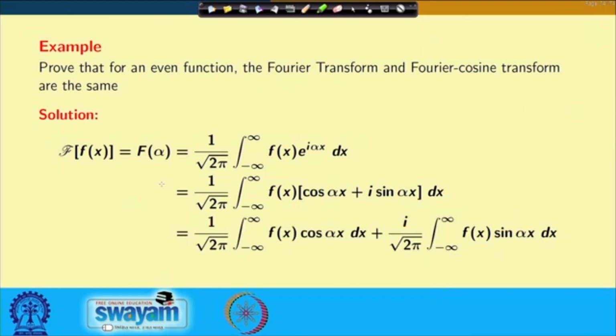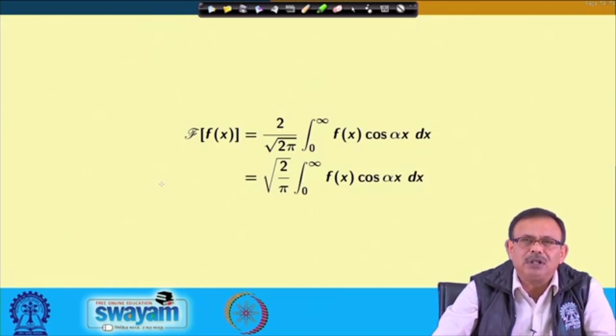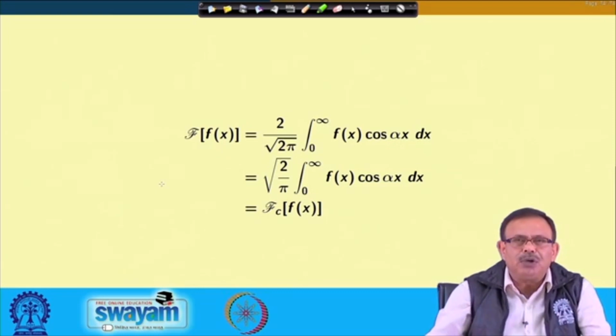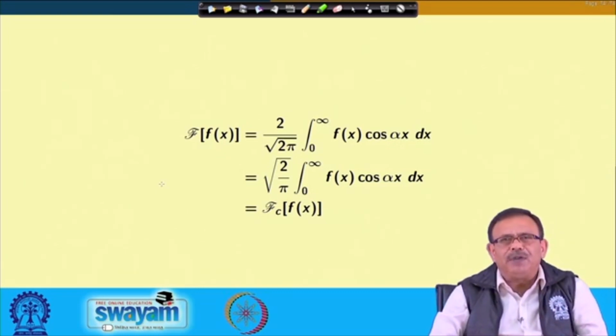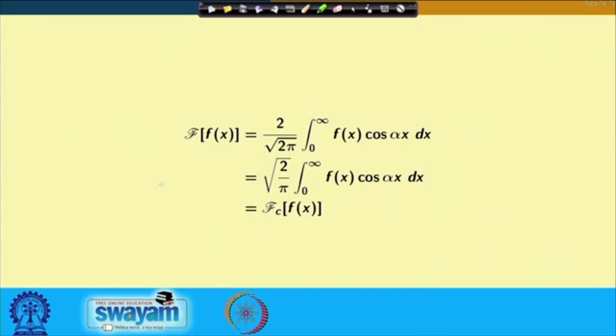From here I am breaking it into these two integrals. The second integral will vanish due to the odd function, and the first integral can be written as 2 into 0 to infinity, so this will be 2 into 0 to infinity by root over 2 pi, and this equals root over 2 by pi, 0 to infinity f x into cos of alpha x dx, which is nothing but again the Fourier cosine transform of f x. So, if the function f x is an even function, then always the Fourier cosine transform and the Fourier transform of that function will be the same.